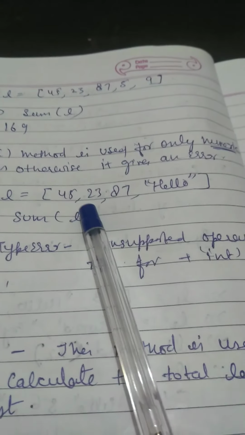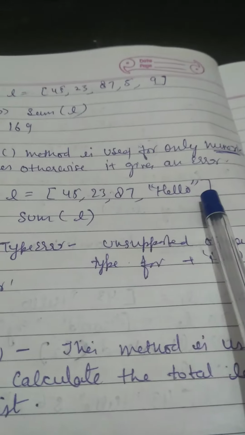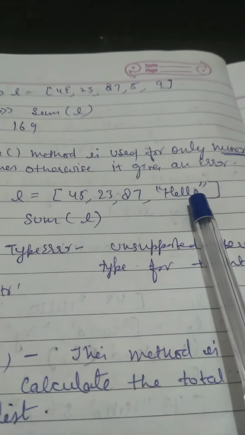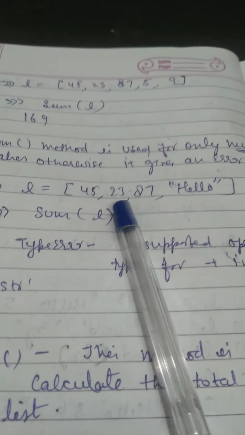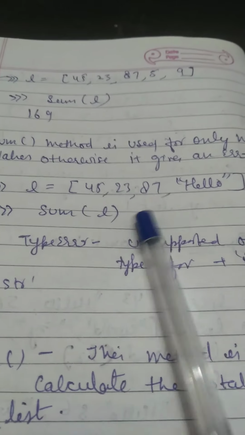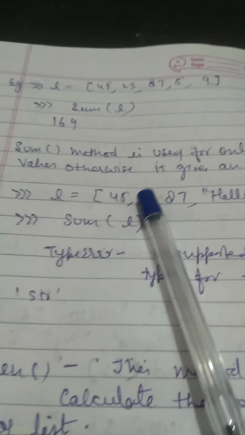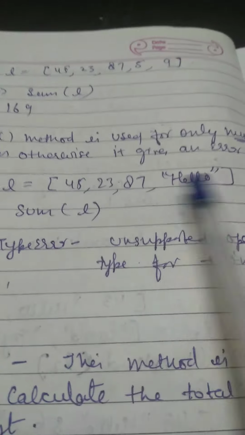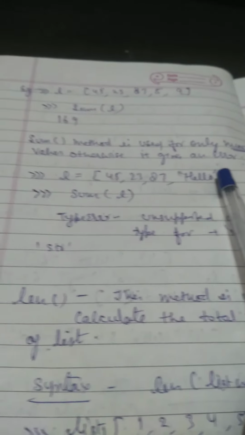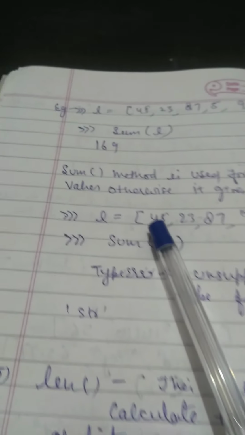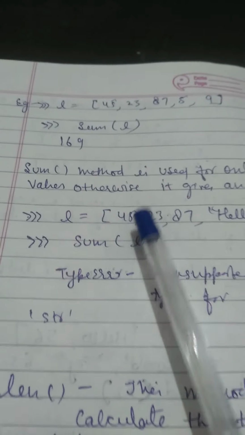But in this case, in this list we have string values also along with the numbers, and we are using the sum function. So here it will give an error. What kind of error is it? Unsupported operand type for int and str. That means you are adding these numbers with a string, so this will not be allowed. This function will not be allowed with string kinds of values.